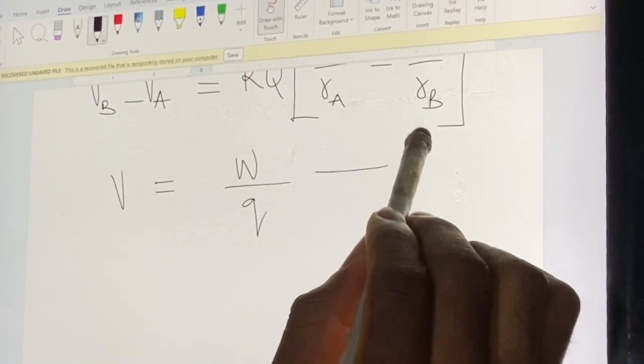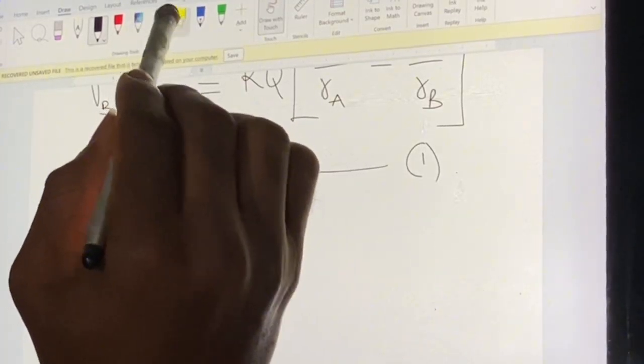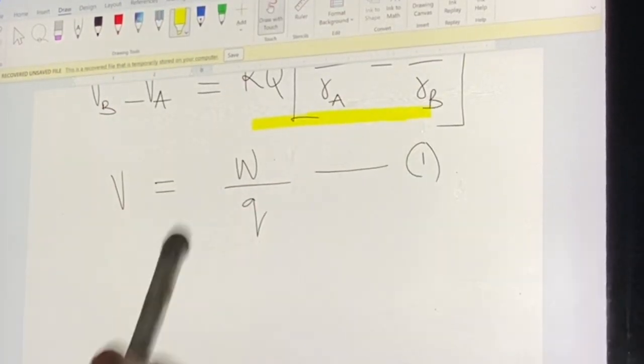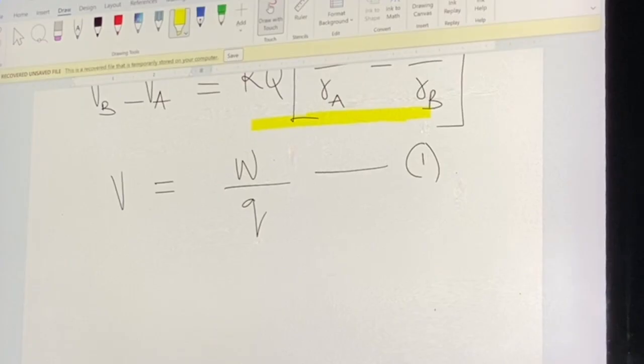This is our equation 1. We want to prove this particular formula from the fundamental expression V equal to W over Q.